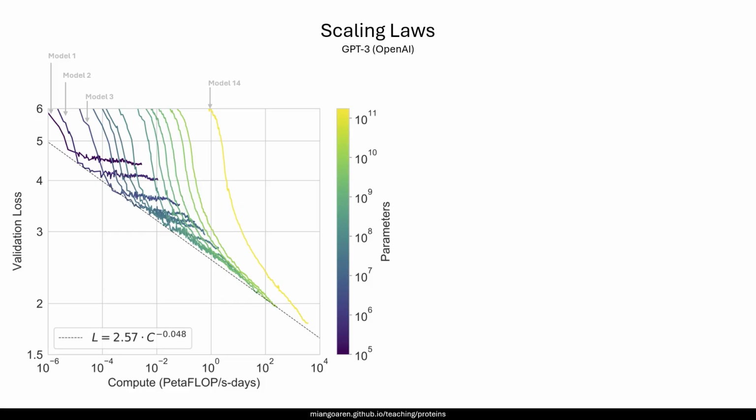Scaling laws were something that, in fact, the OpenAI laboratory found when it explored the GPT-3 architecture, where again we see this type of graph, where the validation loss is shown along with the computing capacity. And then, again, models are trained with different numbers of parameters.